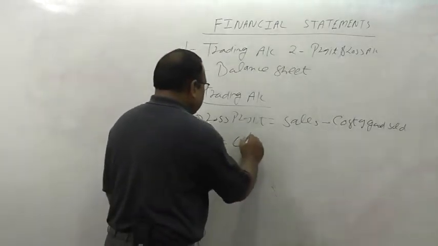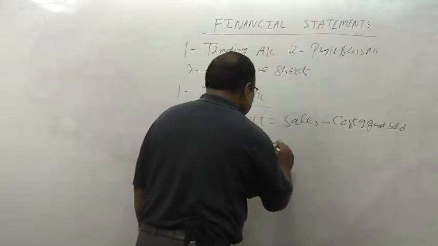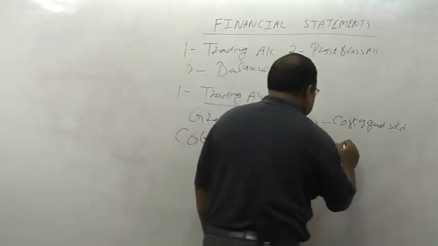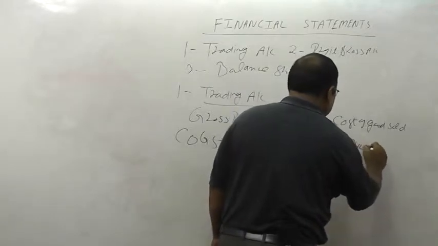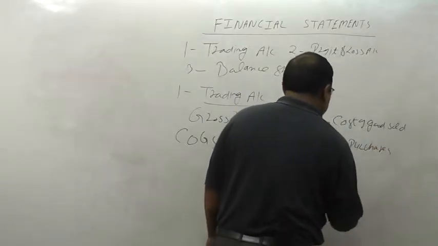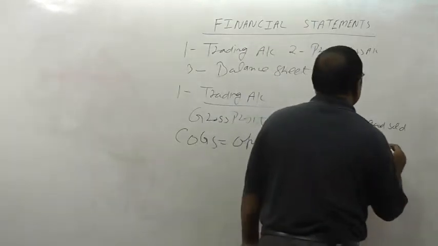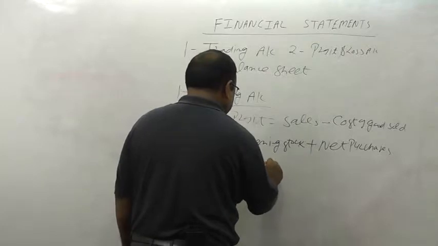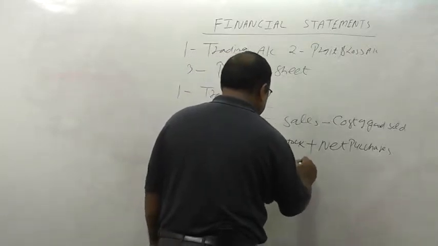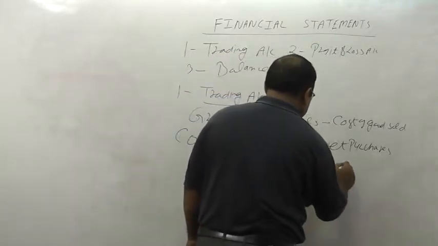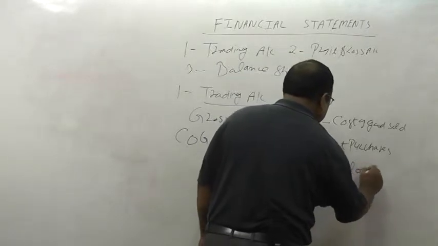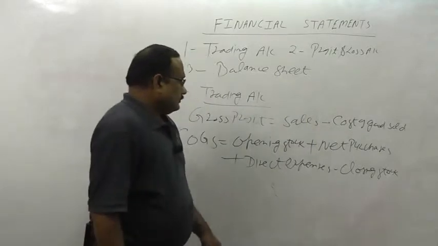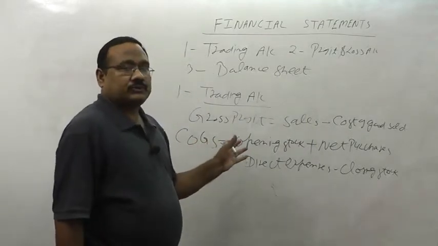It is known by opening stock plus net purchases plus direct expenses minus closing stock. By this way, we find out the cost of goods sold.